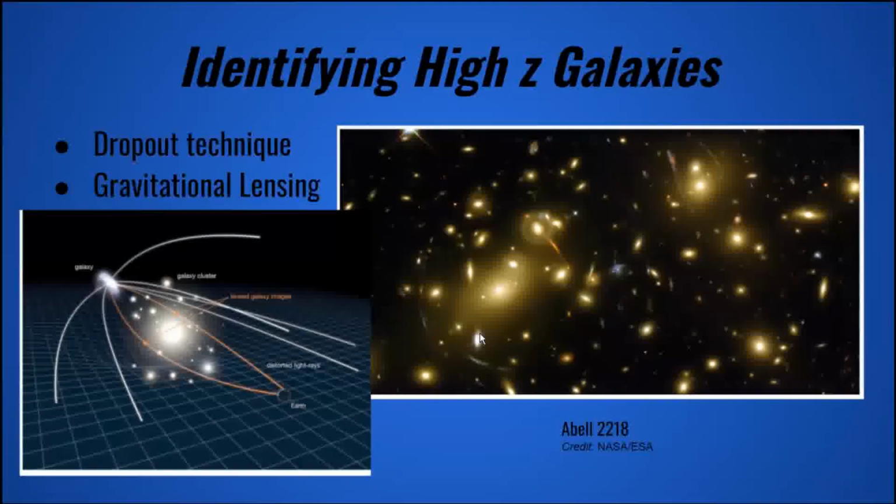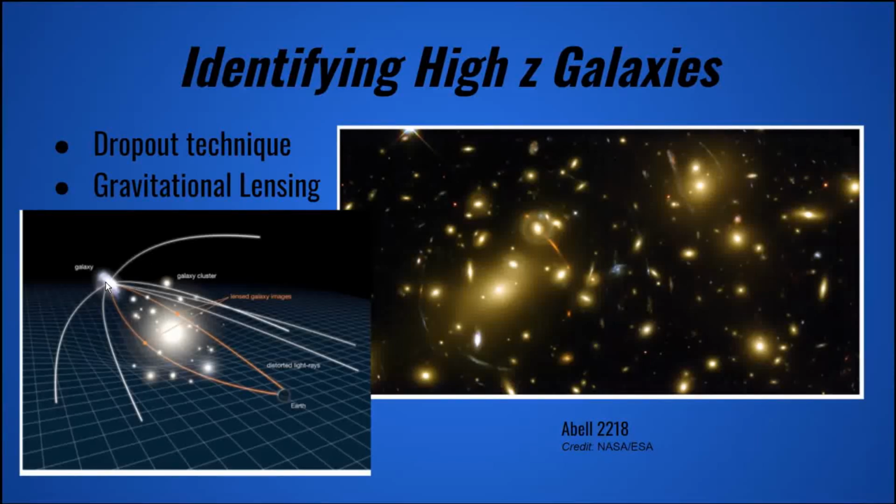Another way, but we can't use it with all galaxies, is to look around big clusters and look at the phenomenon of gravitational lensing, which is when the light of galaxies behind the cluster, traveling through space, gets bent and also magnified because there is this big mass they have to go around, because of the gravitational potential well formed by this massive cluster.